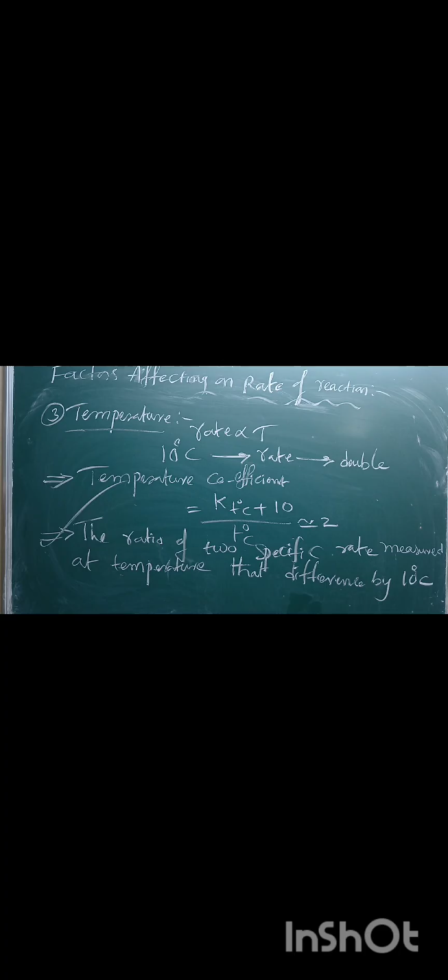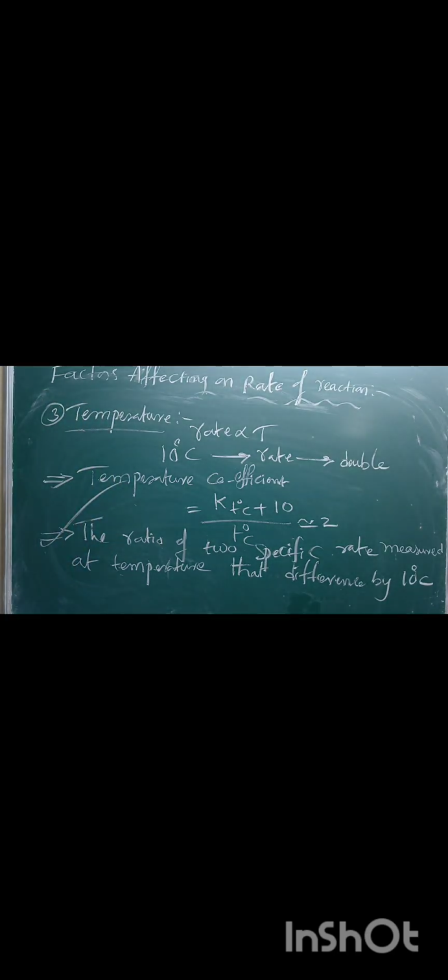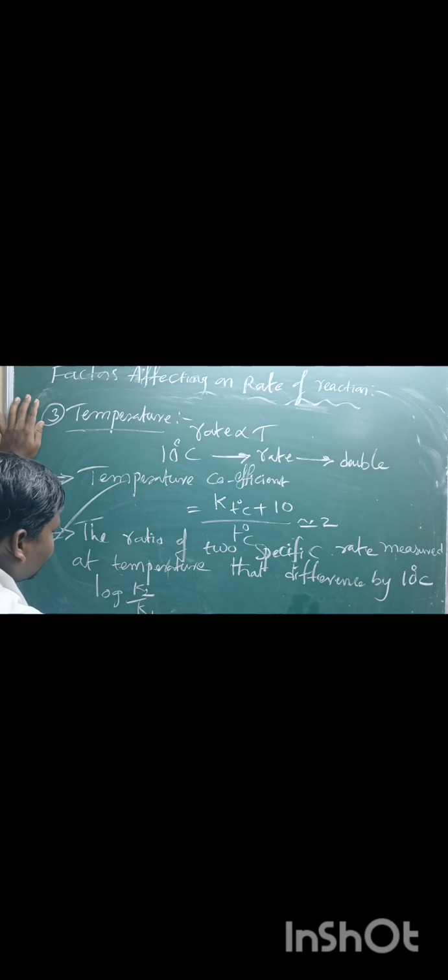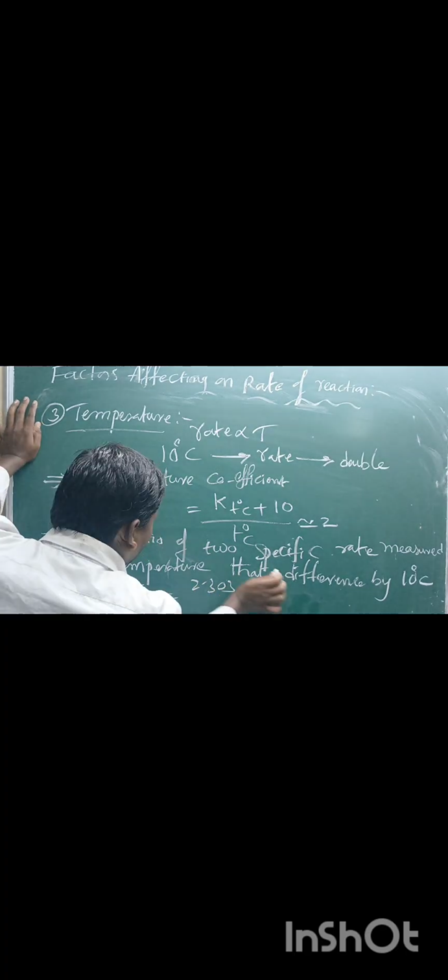Arrhenius equation for temperature dependence of rate constant. Already you know the modified Arrhenius equation: log K2 by K1 equals Ea by 2.303 R into (T2 minus T1) by T1 T2.